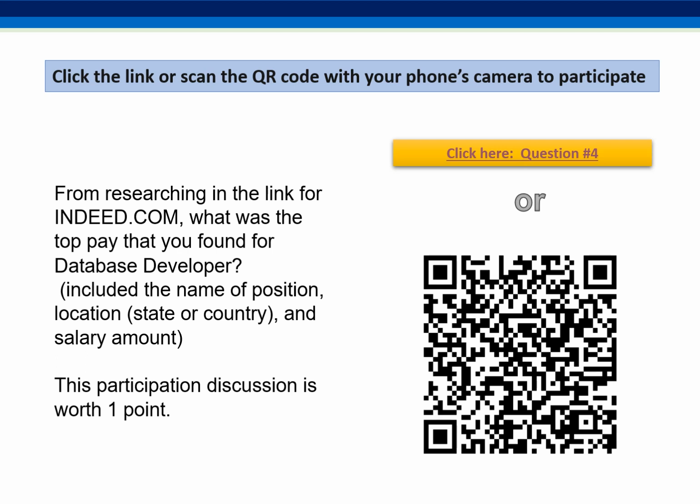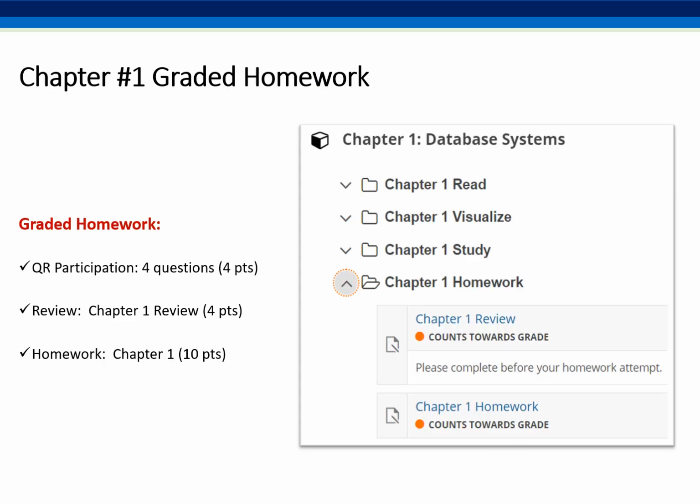Name the position, the job title, the location, so if you found the state or even another country, and the salary amount. Then take a look at all of the job duties, because I know a lot of you are going to see SQL, so that should strike a little more interest for our class and us learning SQL.